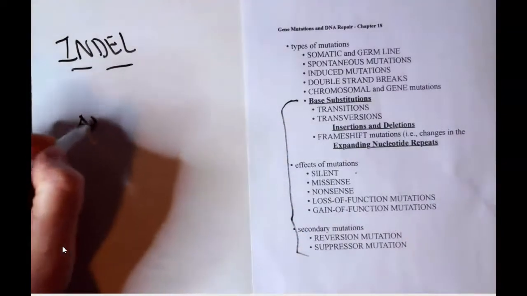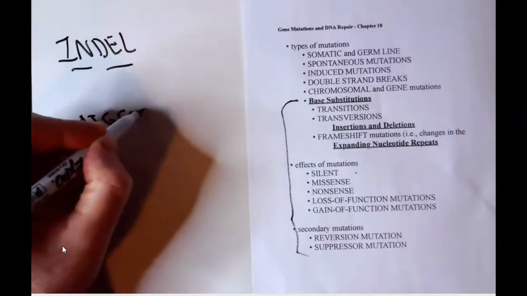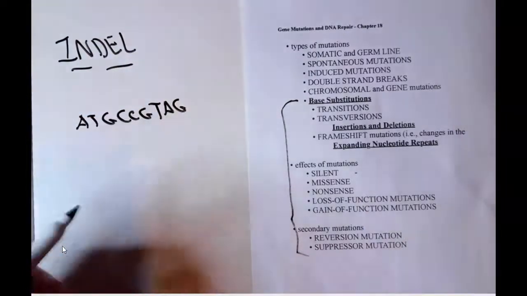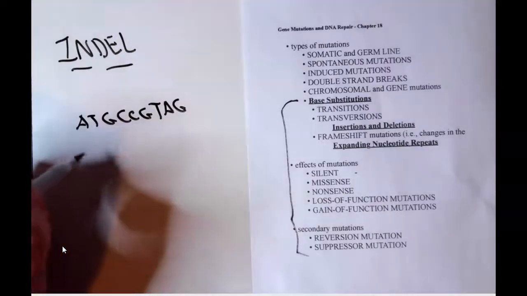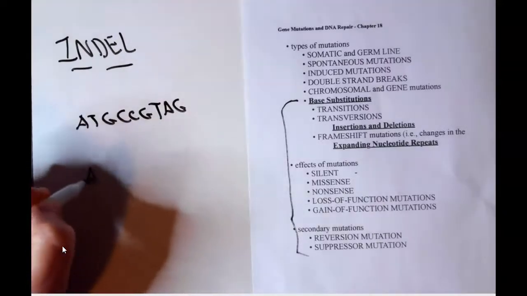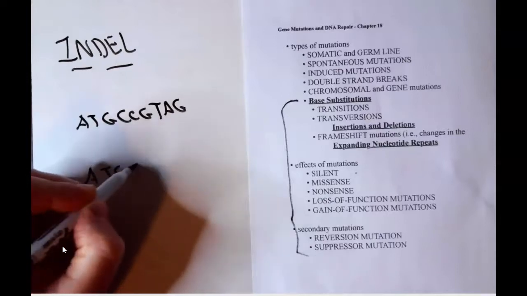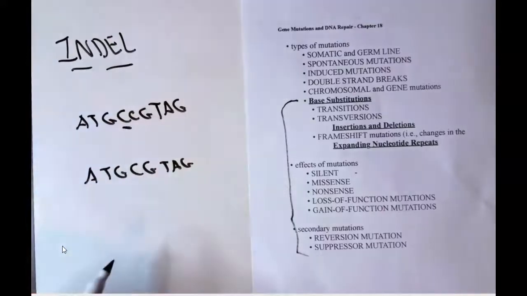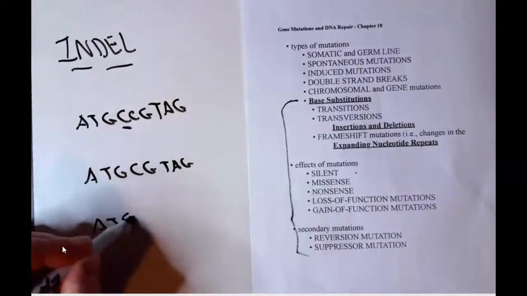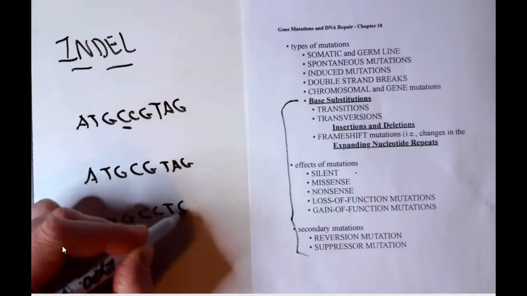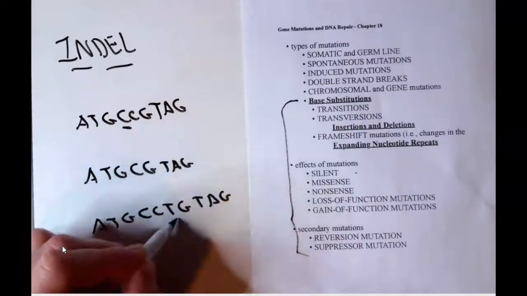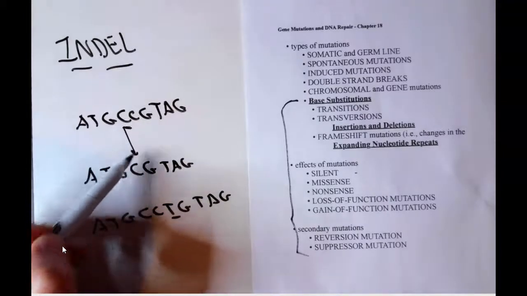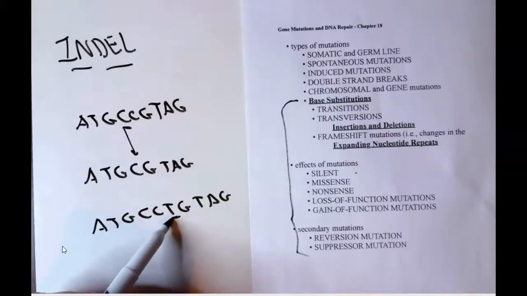So if we go back to that sequence that we had earlier, I think this was the sequence I had down. I apologize if it's a little bit different. An indel would be something like this, where we've lost a C. An indel would also be something like this, where we've gained a T. So here in this sequence, this C was removed, and here in this sequence, this T was added.